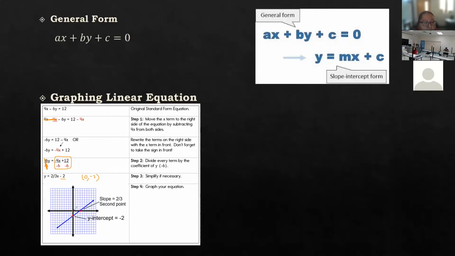The run is a positive 3, so we are going to go to the right. So 1, 2, 3, right here. By those 2 points, it gave us our line. And that's how we graph the linear equation.